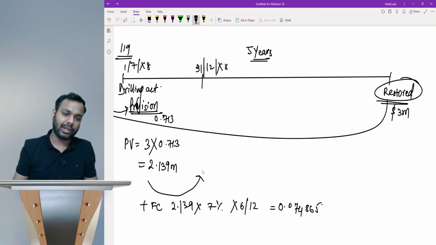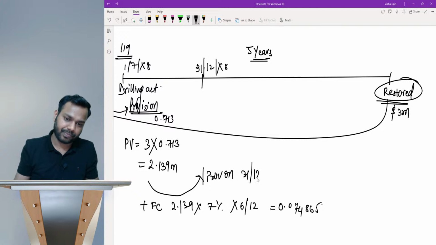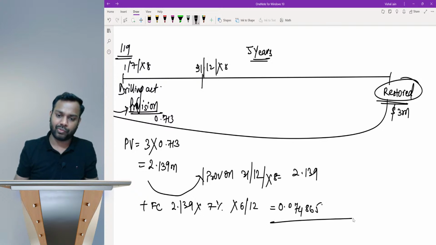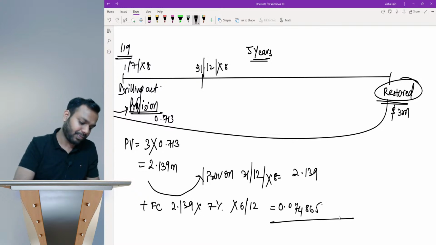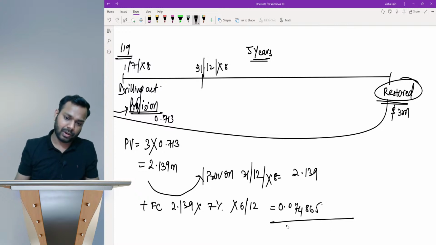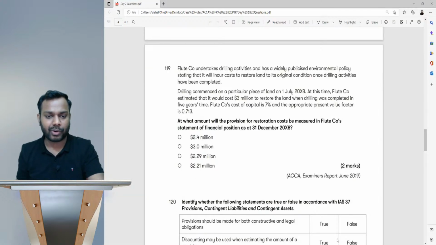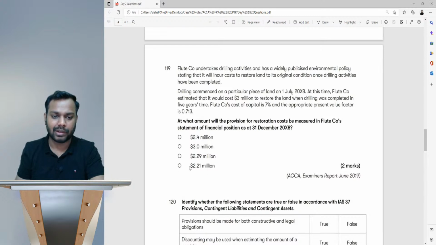So the provision on 31st December X8 is equal to 2.139 plus this one, which is 2.3865. What is the option given? 2.21. See, this is the answer. Fourth number is the answer. Is that clear, guys? All of you?